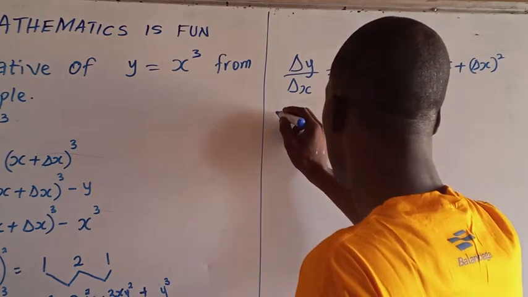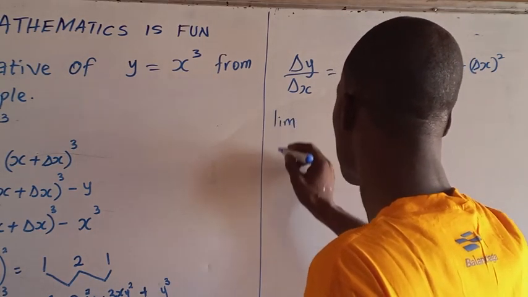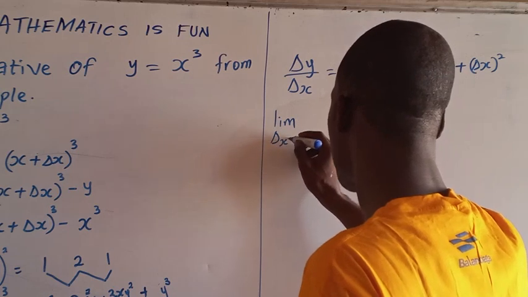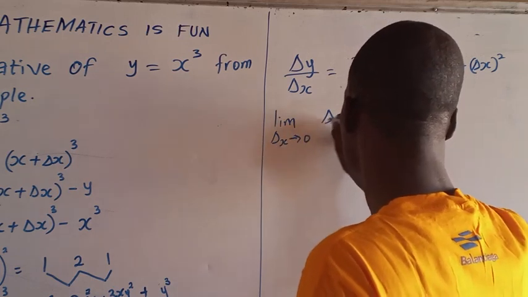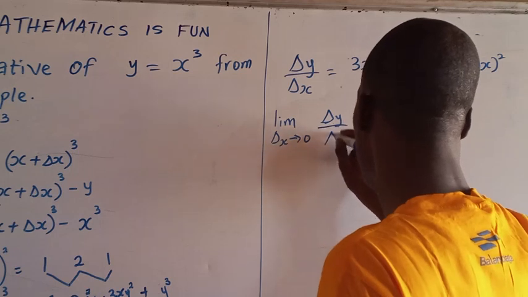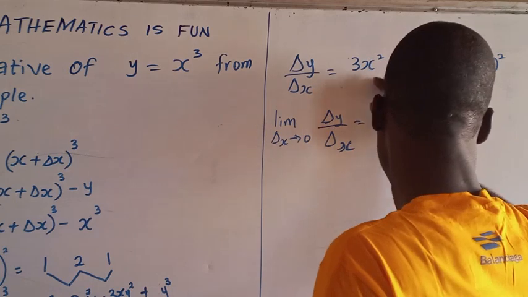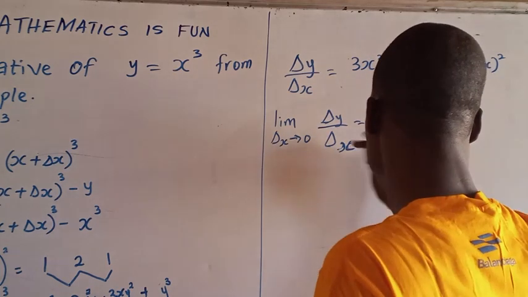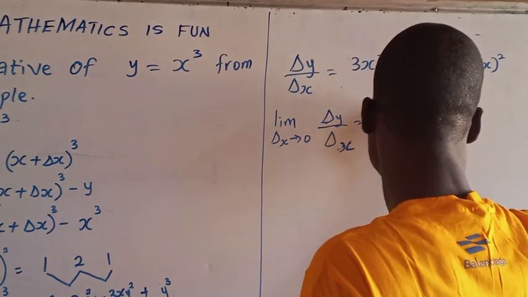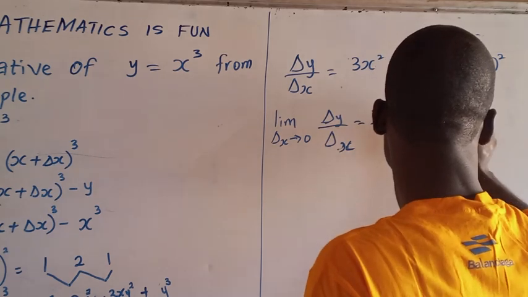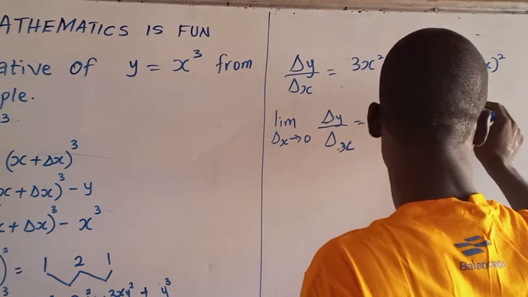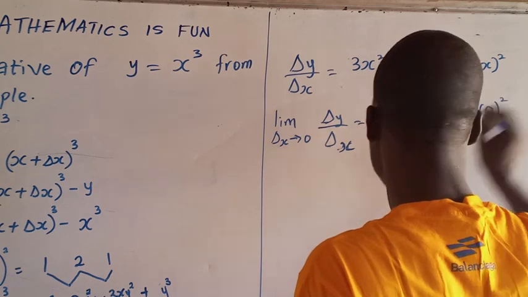Now, the limit as change in x approaches 0 of change in y over change in x equals, so what I see here is anywhere we have change in x here, we put 0. So it will give us 3x squared plus 3x times 0 plus 0 raised to the power of 2.